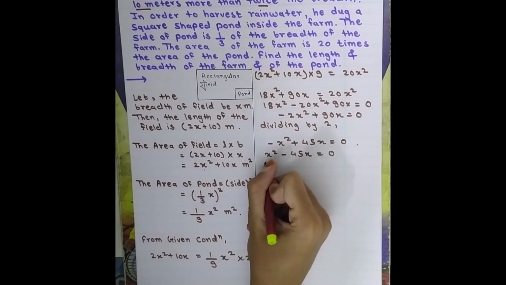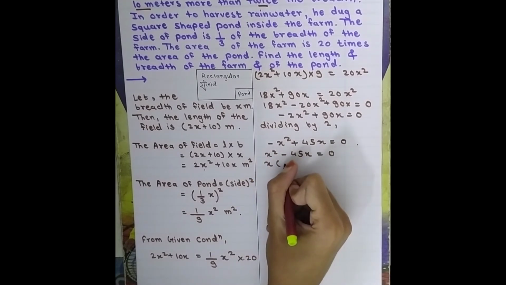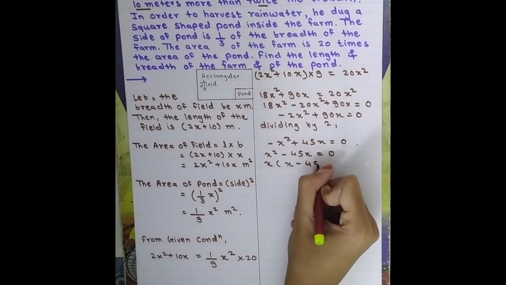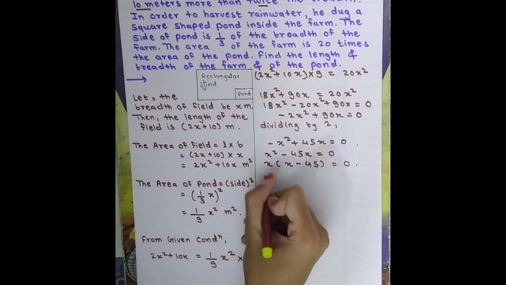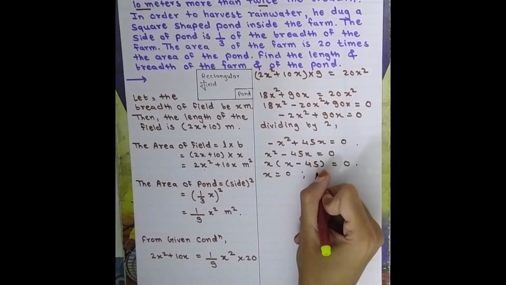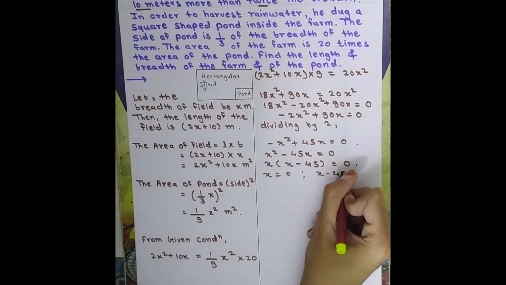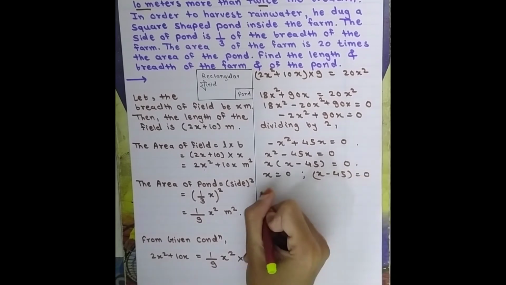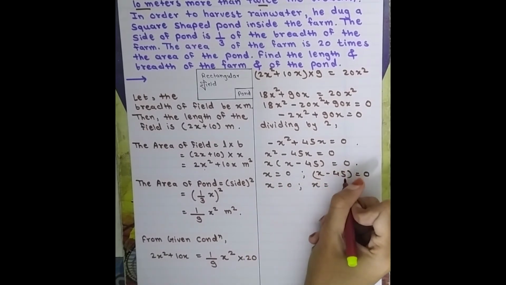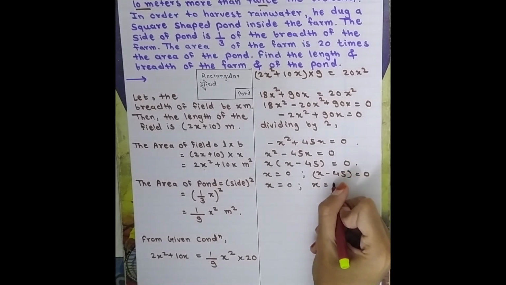From these two terms x is common, so x into x minus 45 is equal to 0. So x is equal to 0 and x minus 45 is equal to 0. So x is equal to 0, and x is equal to 45.